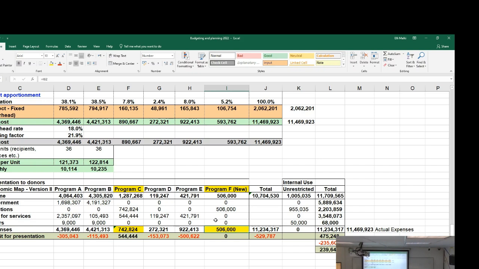And these two differences between the full cost of the program and what we can present, they create the gap. Okay? You can calculate the gap also by calculating the differences between these restricted expenses for presentation and the actual full cost. It will come up to the same number. Okay? So these restrictions basically create obstacles for the organization to fully fund its program from designated income.